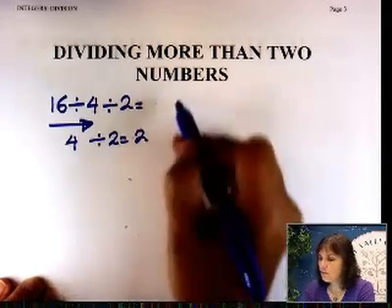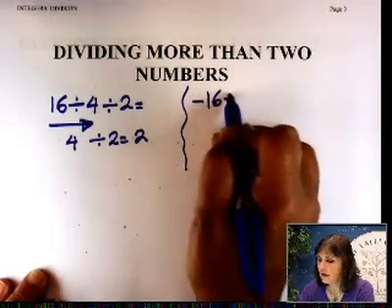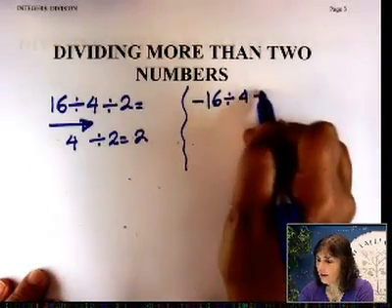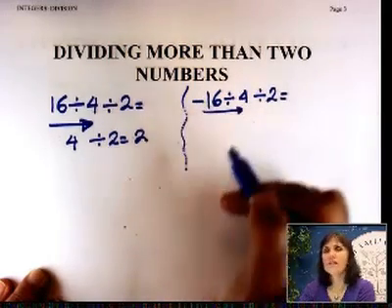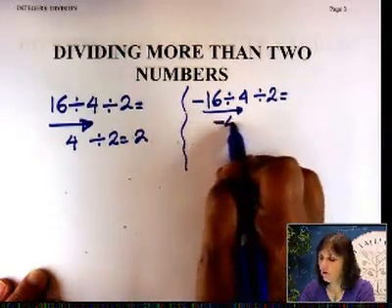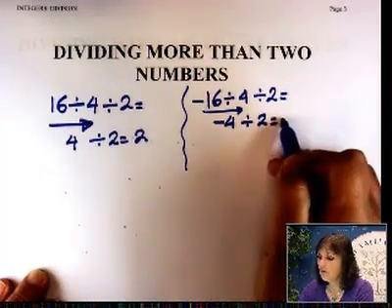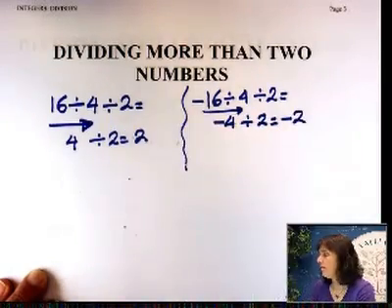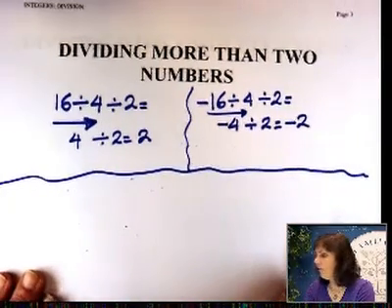How do the signs work? Let's try negative 16 divided by 4 divided by 2. Left to right. Negative 16 divided by 4 is negative 4, divided by 2. Negative positive will give you a negative answer. So let's look at more than one negative number.